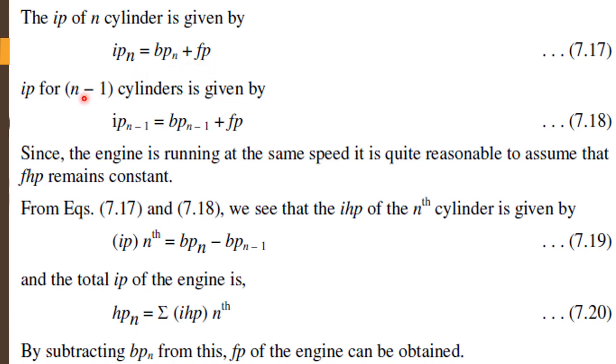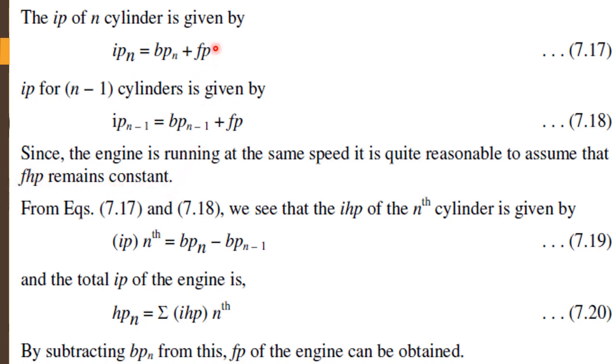If one cylinder is cut, then the indicated power of n minus 1 cylinders is equal to the brake power of n minus 1 cylinders plus friction power. Since the engine is running at the same speed, it is quite reasonable to assume that the friction power remains the same.